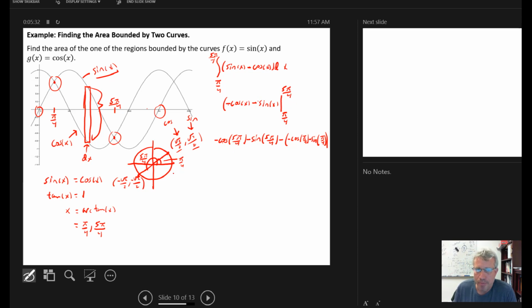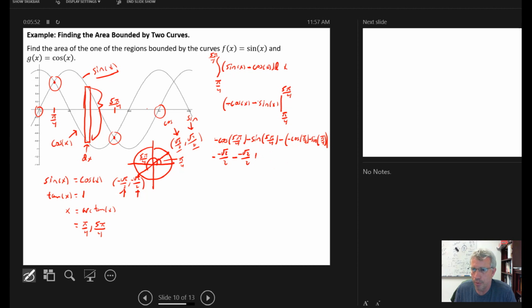And the cosine of 5 pi over 4 is just the x-coordinate here. So you can see the sine and cosine of 5 pi over 4 are both going to give us negative square root of 2 over 2. So we get the opposite of negative root 2 over 2 minus the opposite of the square root of 2 over 2 for sine of 5 pi over 4.